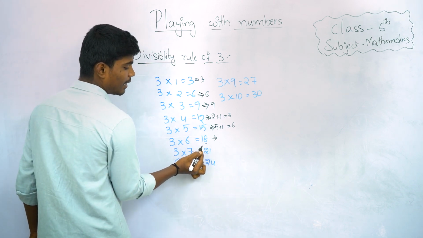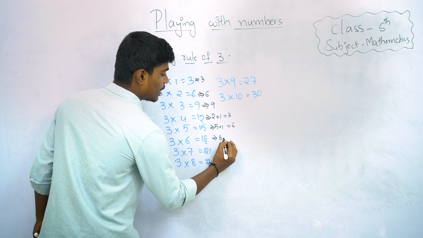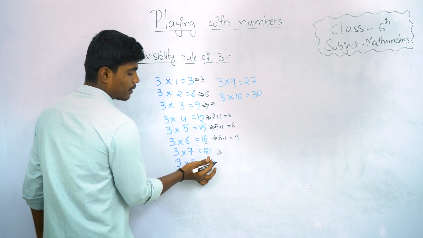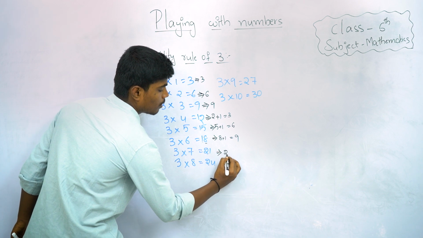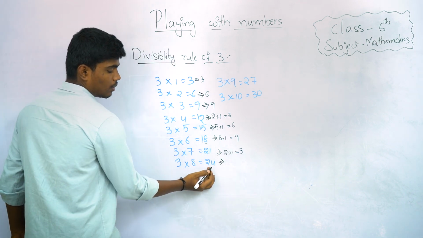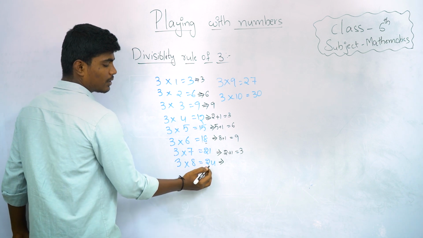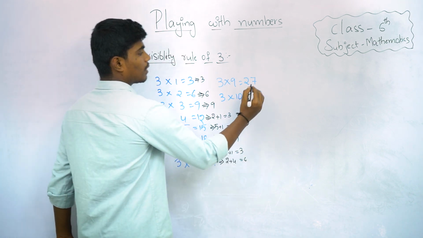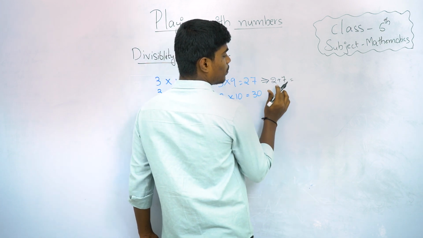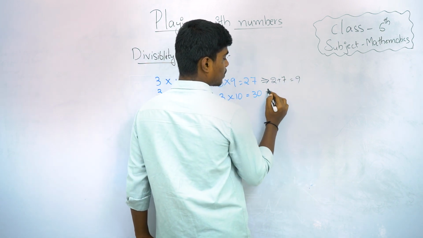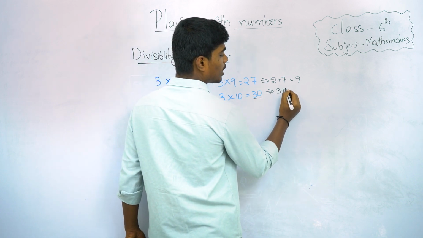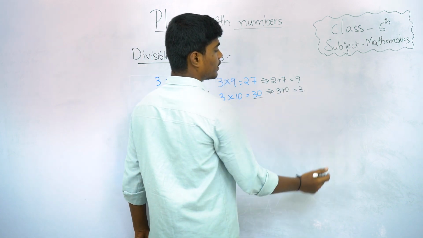Here the first digit is 8, next 1, so 8 plus 1 is equal to 9. 2 plus 1 is 3. 2 plus 4 is 6. 2 plus 7 is 9. Next digits 3, 0, so 3 plus 0 is equal to 3.